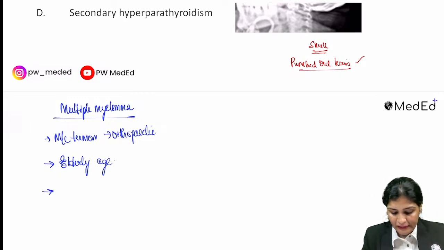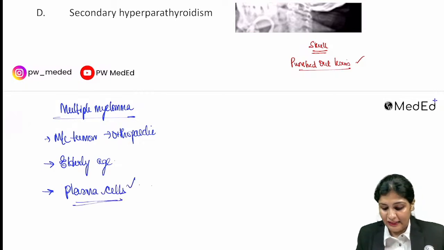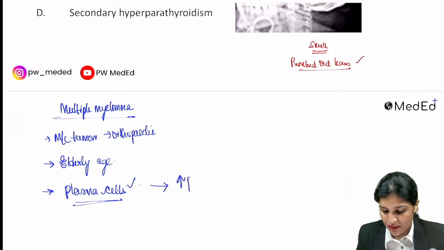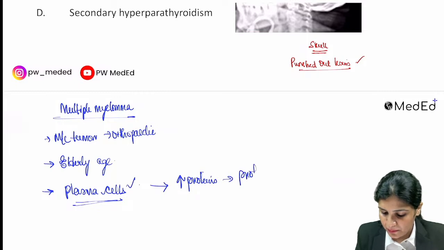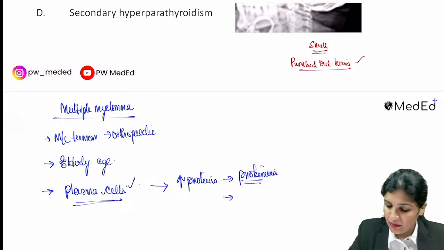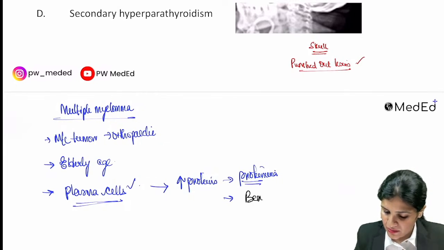And here there is dysfunction of the plasma cells, and there is increased production of proteins. This will result in the proteinuria, and these proteins are the classical Bence Jones proteins.